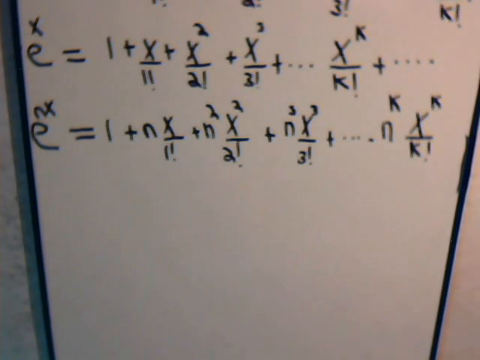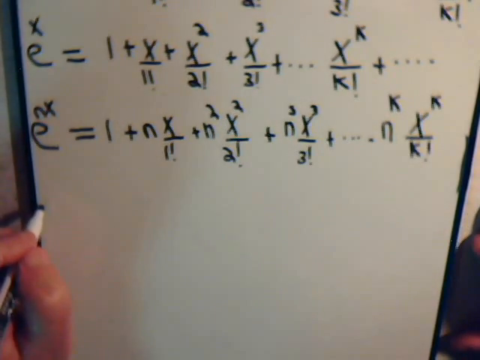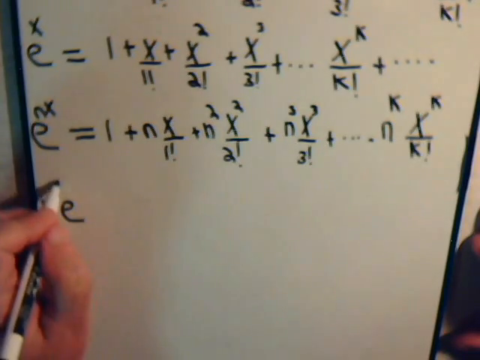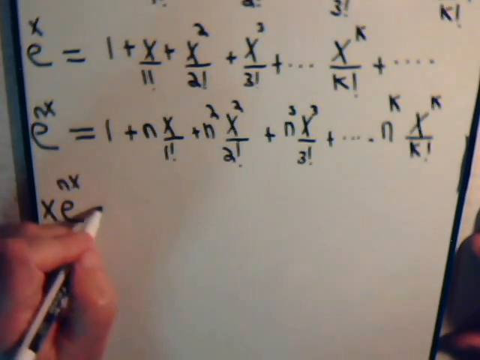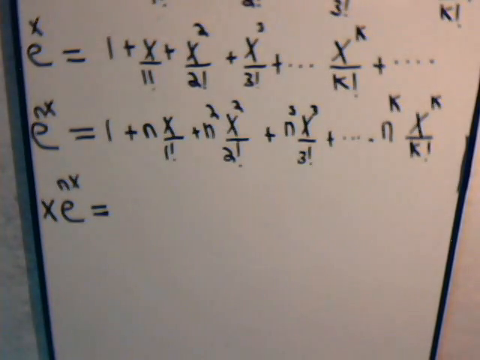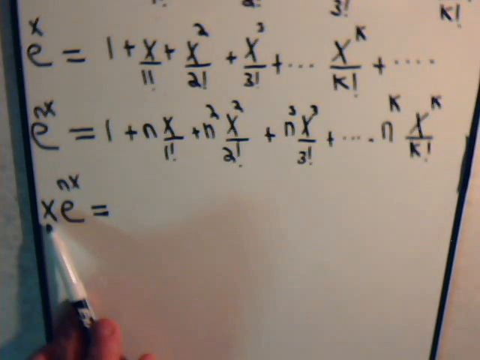Now, sometimes we have this kind of situation, as you will see in our future videos, if you have, say, x times e to the nx. What will that be equal to? Well, that's just this expression times x.